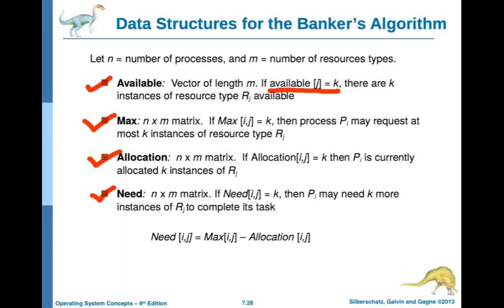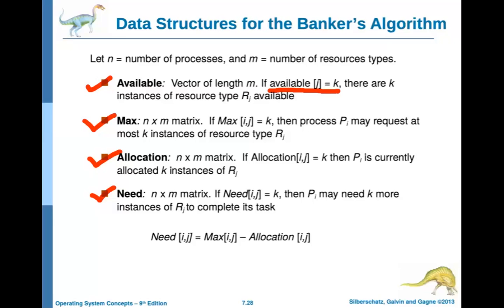So the resources that are still required to complete the task at a given instant of time, right? So if need[i][j] is equal to k, this denotes that process Pi may need k more instances of resource Rj. These are the data structures.